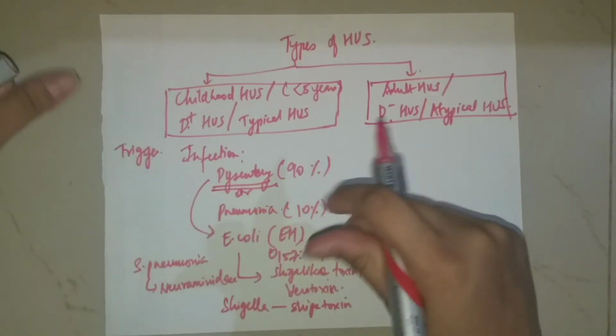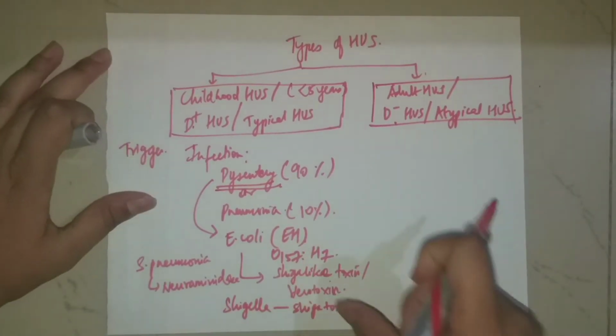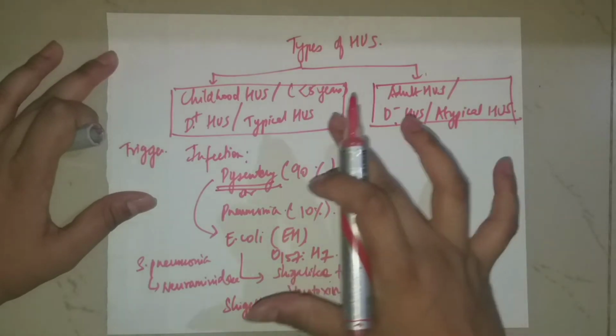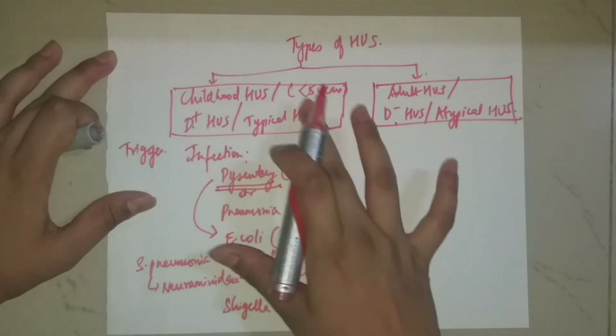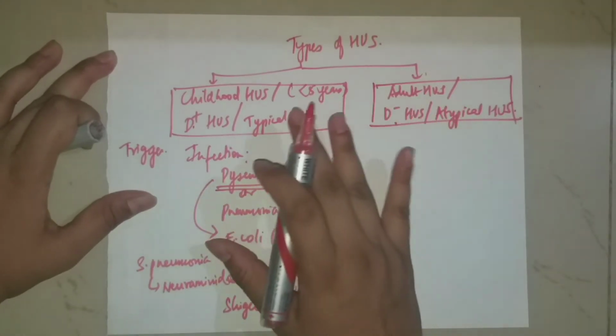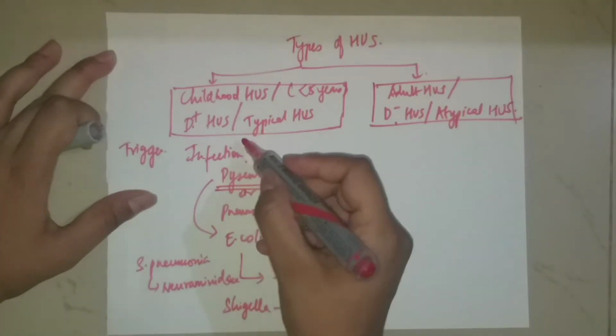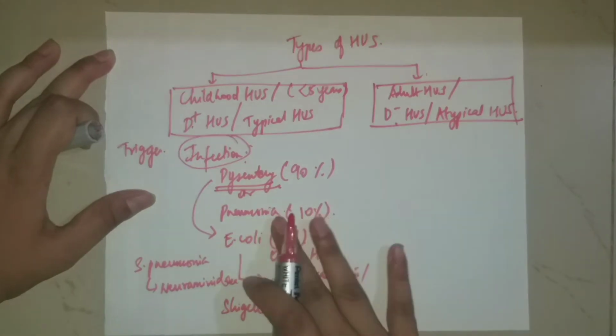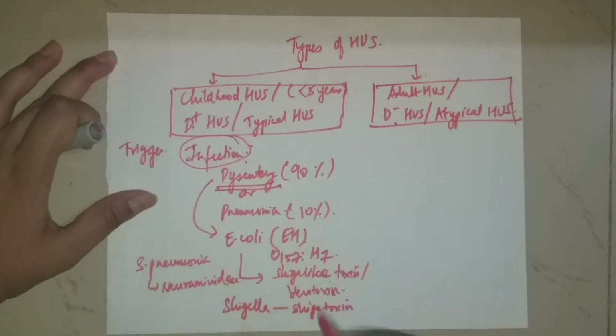So the reason why HUS in general affects the kidney, there is a different reason for childhood and adult. In childhood HUS, the reason is infection, right? So why it affects the kidney mostly is because of this Shiga toxin.